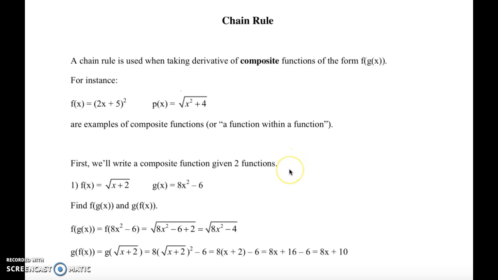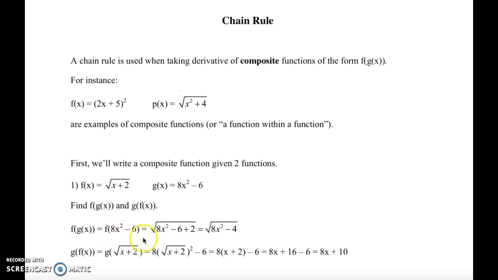I'm given two functions. So here we have f of x is equal to the square root of x plus 2. g of x is equal to 8x squared minus 6. And we're going to find f of g of x as well as the reverse, g of f of x. So for f of g of x, we're going to take g of x, which is our 8x squared minus 6, and we're going to place it inside the f of x wherever there's an x.